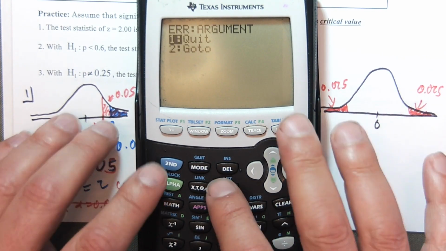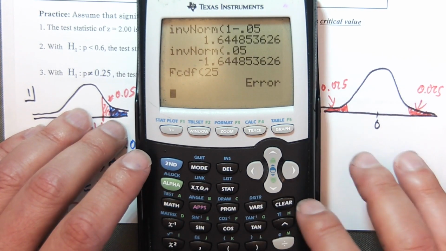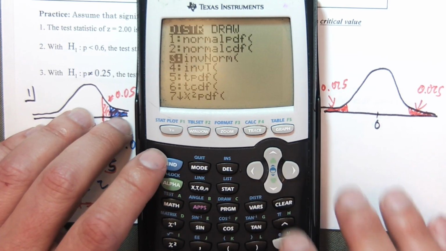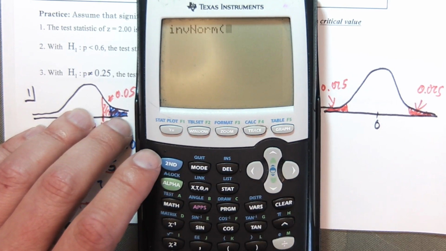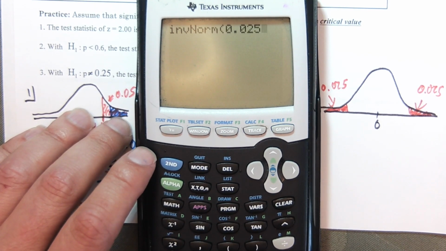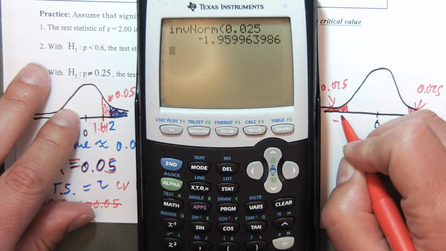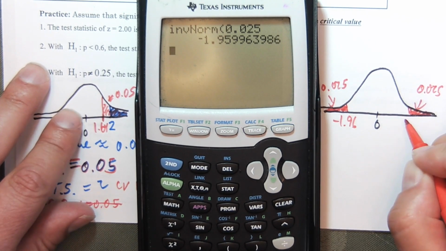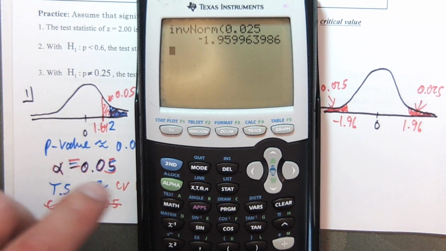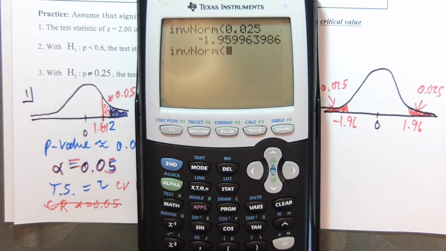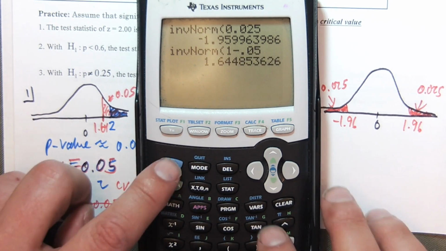So inverse norm of 0.025. So the left one is negative 1.96. This one will be a positive 1.96. I will show you. Inverse norm, again, of 1 minus 0.025, pardon me, area to the left.